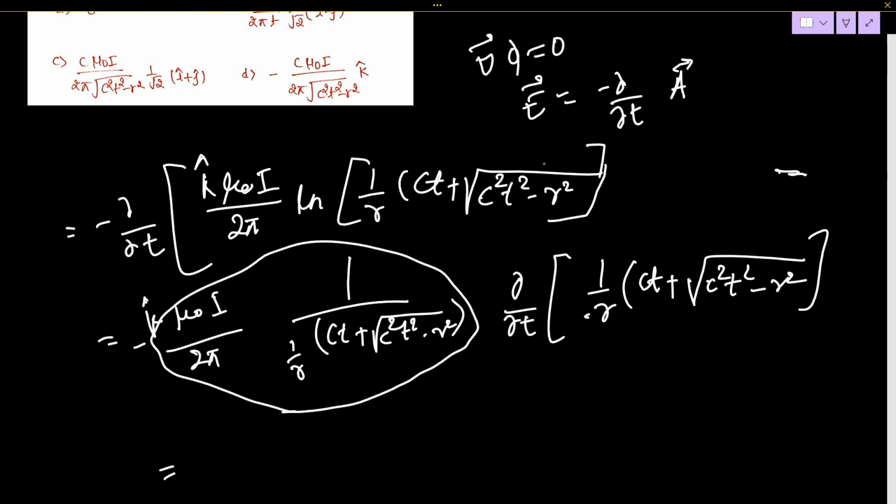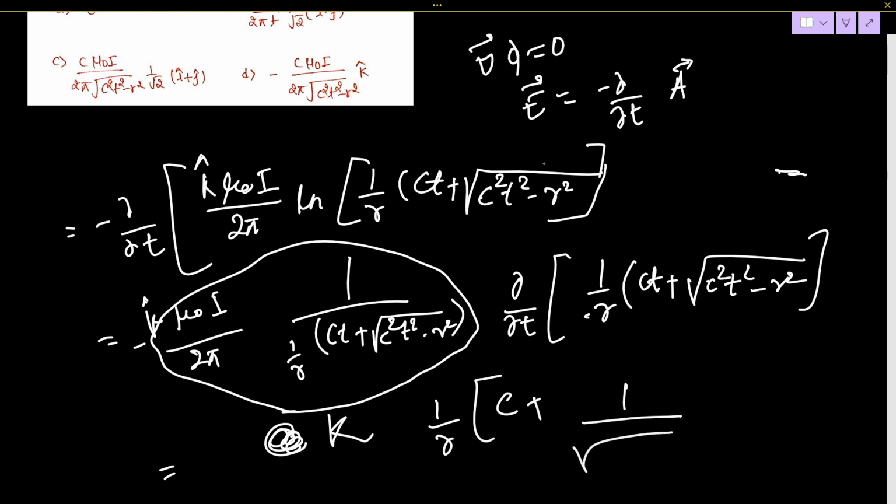So this derivative will be: 1/r also comes out, and the derivative will be c plus 1/(2√(c²t² − r²)) times 2c²t, so the 2 will cancel out.